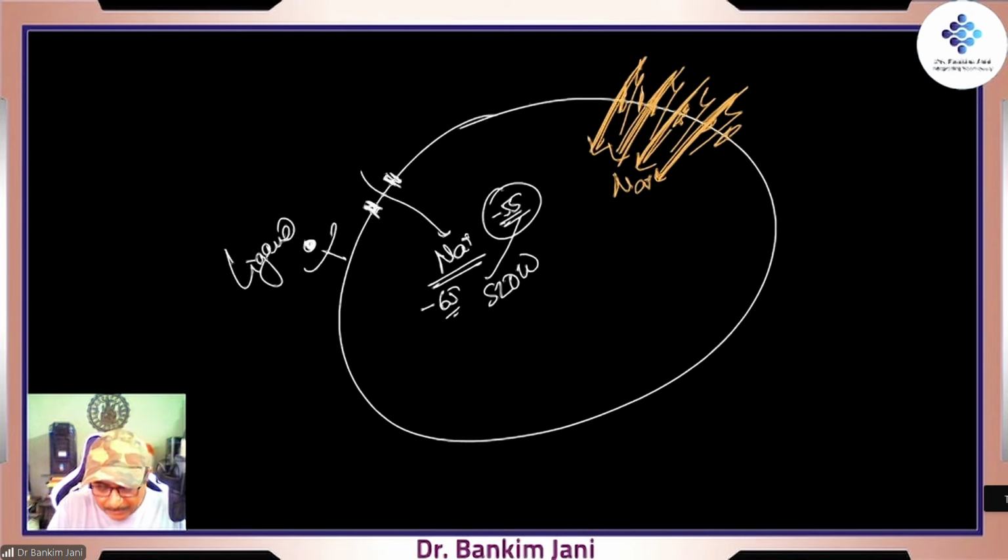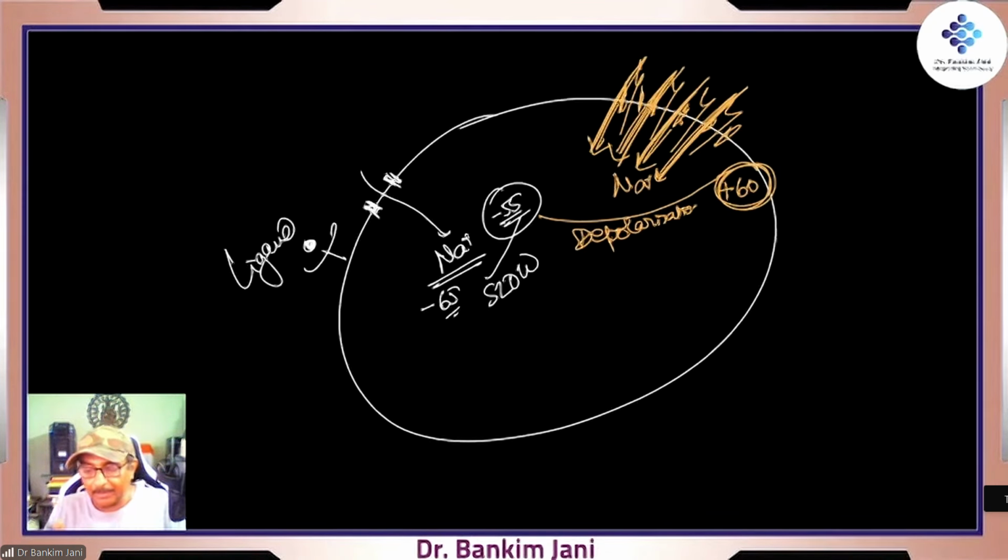And we get depolarization. We have reached plus 60 millivolts. Because the sodiums are just coming in, we are becoming positive. That is the depolarization. Potassium is not working over here. The turn of potassium will come now.